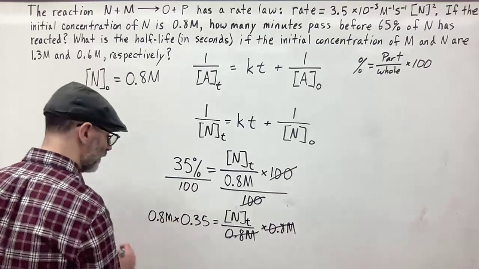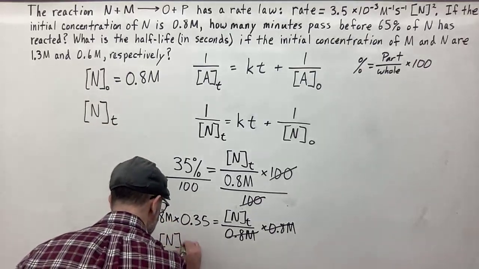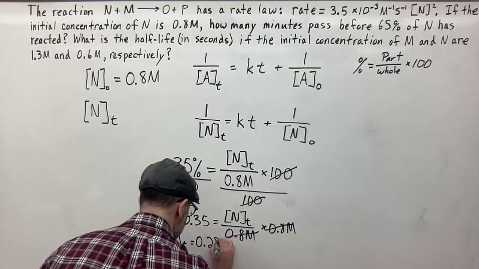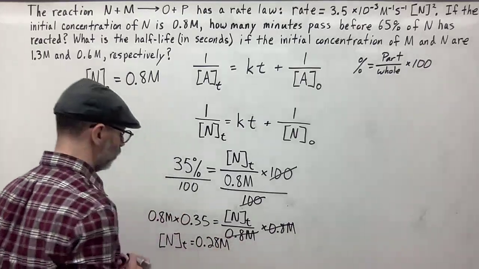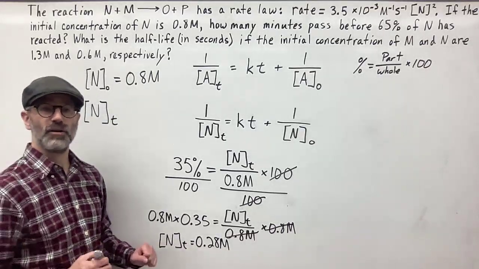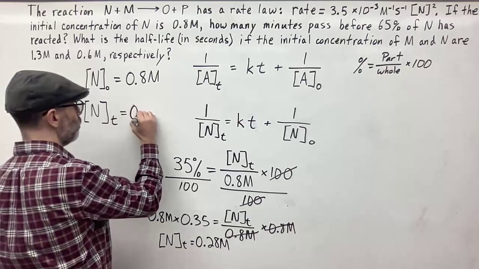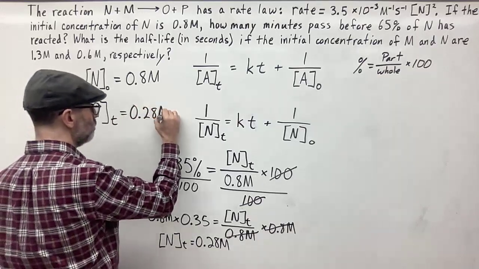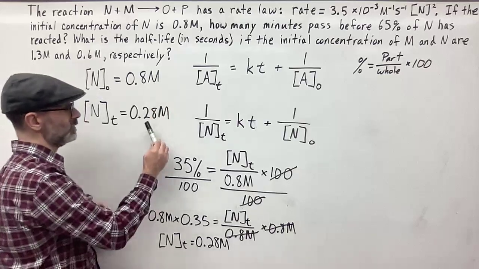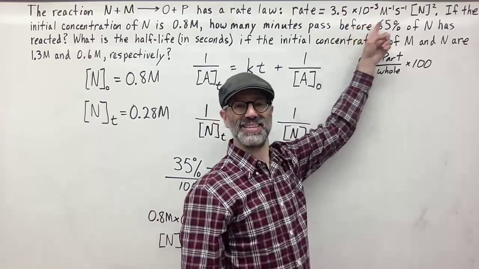When we multiply these together, we get the concentration of N at time t is equal to 0.28 molar. So that is the concentration of N at time t. So now we have that, 0.28 molar.